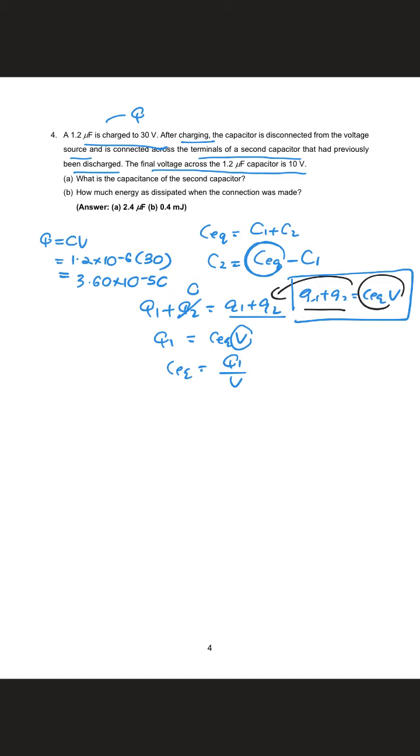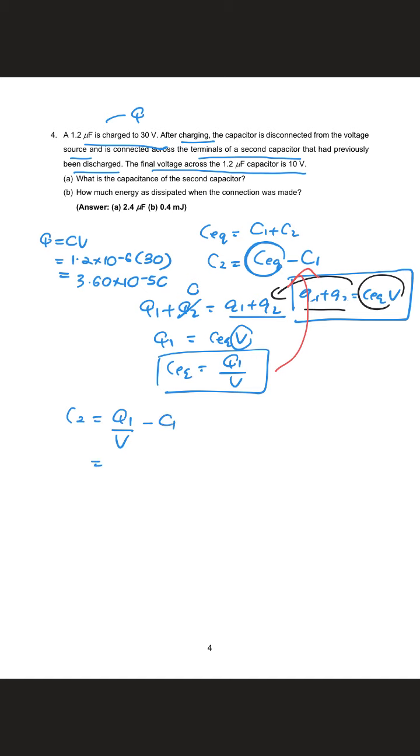Therefore, you need to use the final V: instead of 30 volt, you need to use 10 volt. Putting this back, I get my new equation C2 equals Q1 over V, with V at the equilibrium state, minus C1.